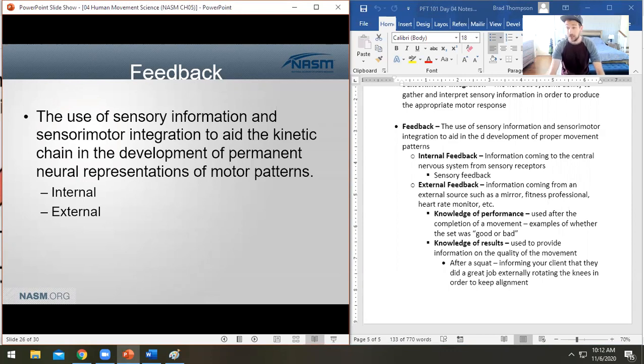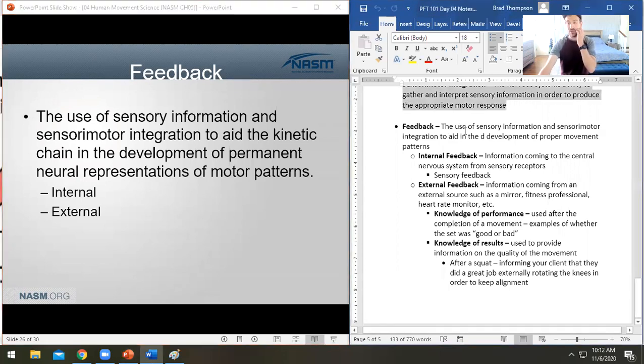So talking about the coaching, this is where feedback comes in, right? Feedback is the use of sensory information and sensory motor integration to aid in the development of proper movement patterns.